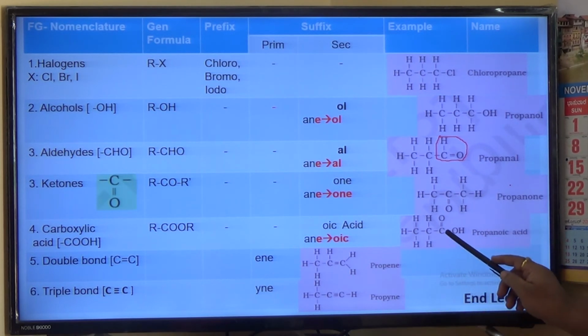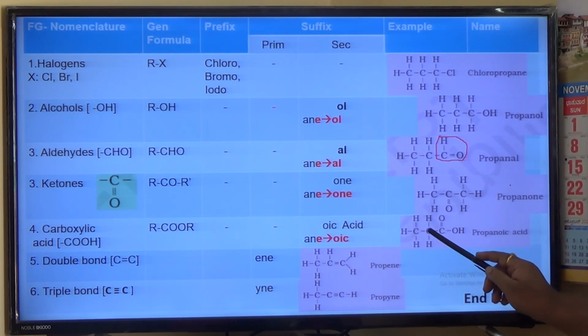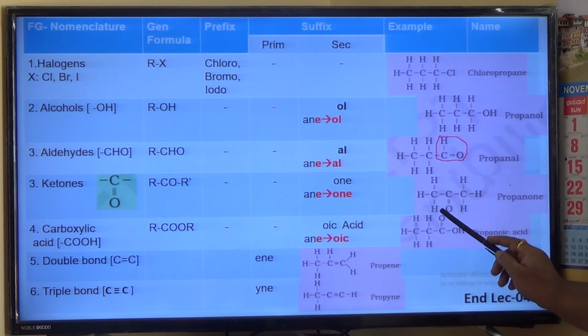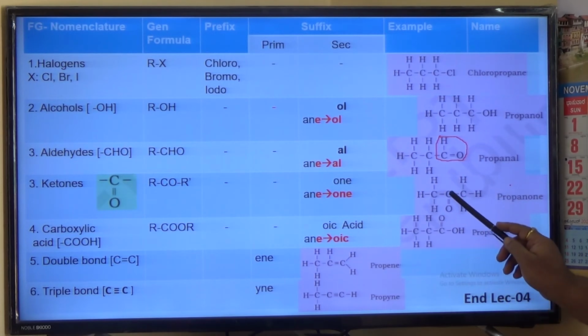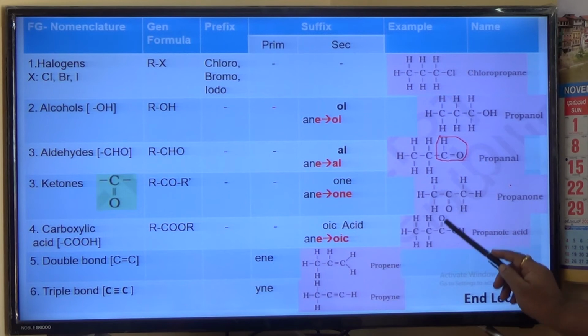How many carbon atoms are there? 1, 2, 3. Prop. Single bond between carbons, ane, propane. What is the functional group? The functional group carbon atom is a part of this chain. You got it? We consider this last carbon along with the C double bond O and one more OH. We read this as COOH, and we should term this the carboxylic acid group.